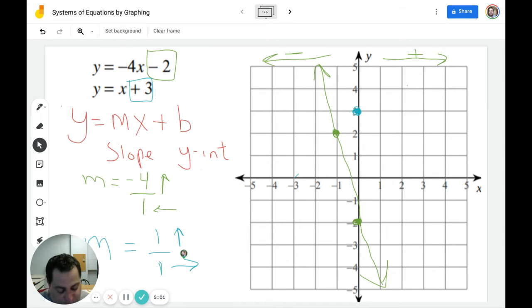So from my positive 3 intercept here, we're going to go up 1 and over 1, up 1 and over 1. And you start to see the trend, right? So as you start to see the trend, we can see that our line is going to cross here, here, here, here, here. And what we can do is we can connect these points.